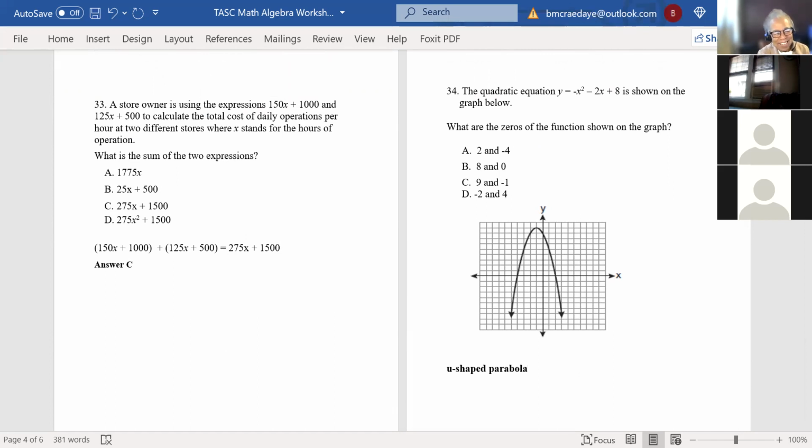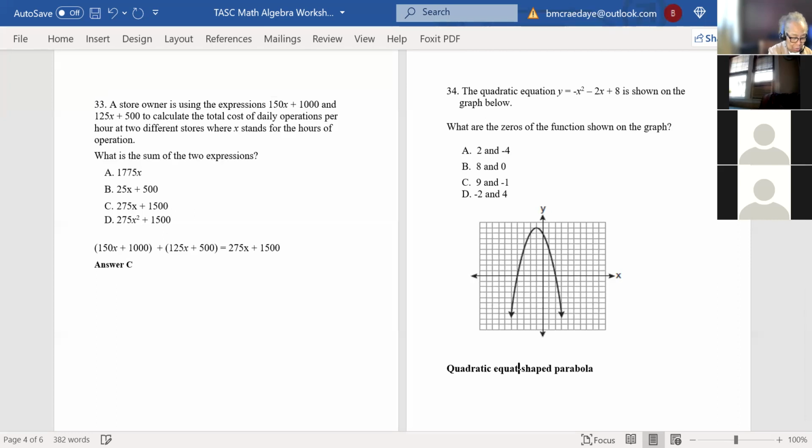Yes, parabola. It's like a U shape. Quadratic equations form parabolas.